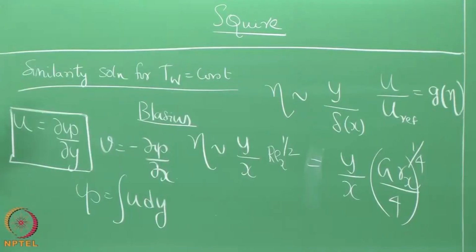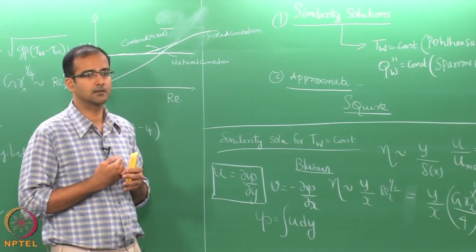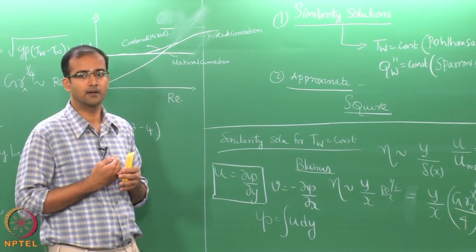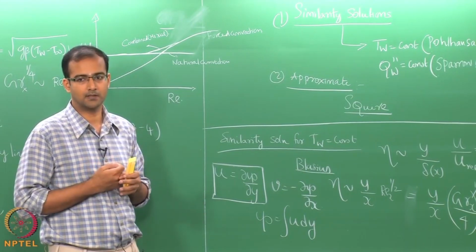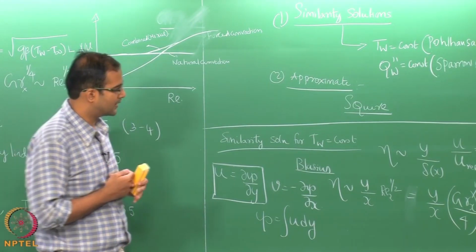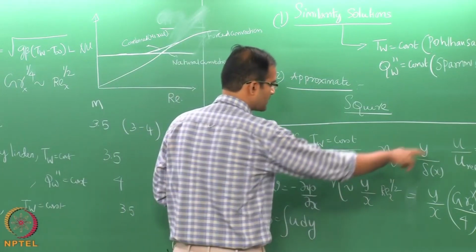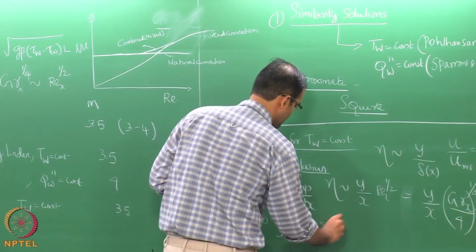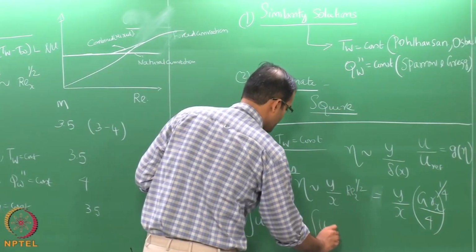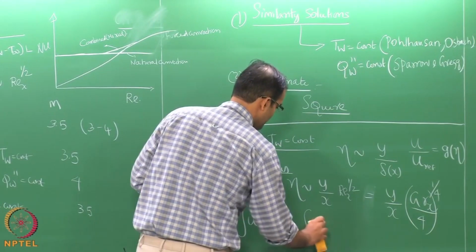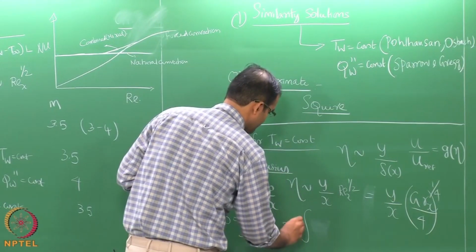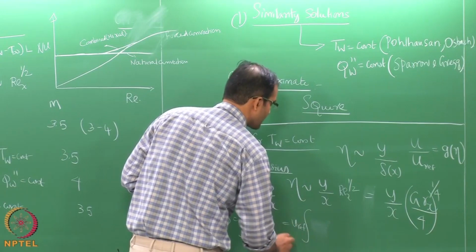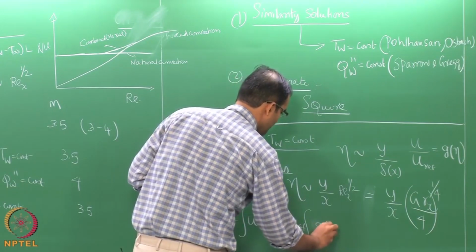That is the purpose of finding the similarity variable. So that finally when you plot u by u reference, it will not vary as x and y, but it will all collapse as a function of eta, right. So, we can substitute for u into this. You have u reference which is taken out, into g of eta.